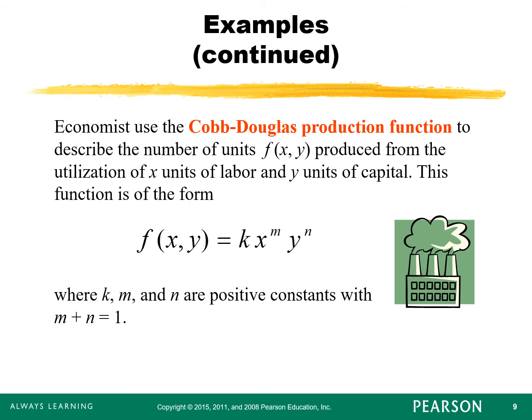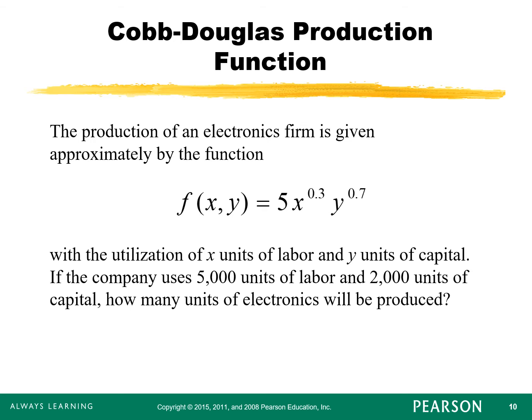So we should think that k, m, and n are positive constants with m plus n equal to 1. So if m is 0.5, n should be 0.5 because m plus n should be equal to 1, right?